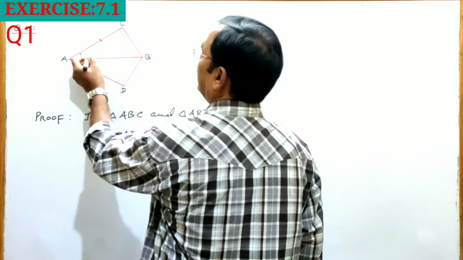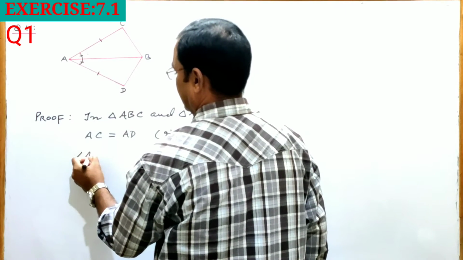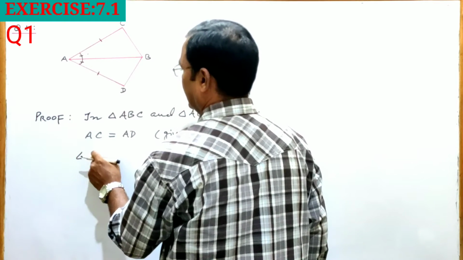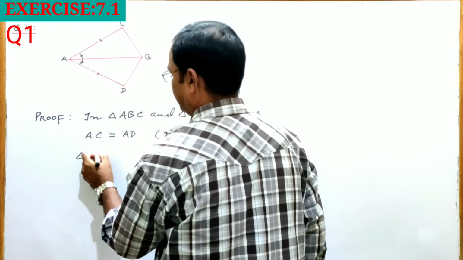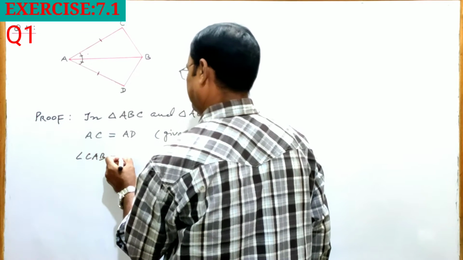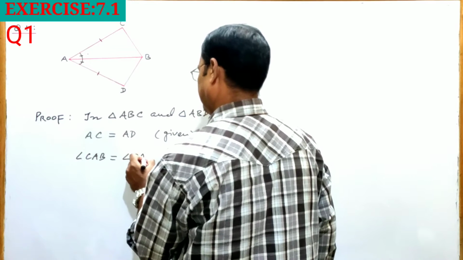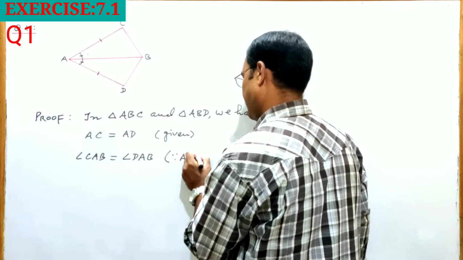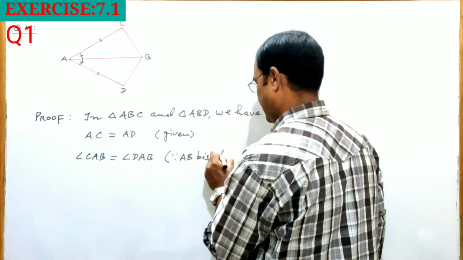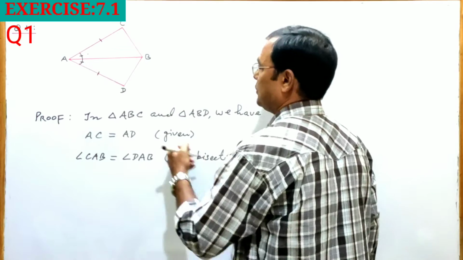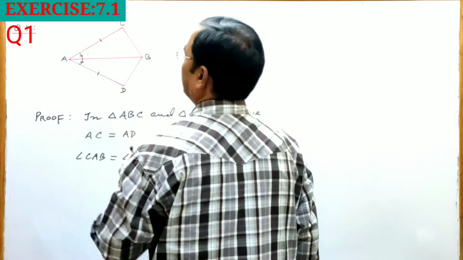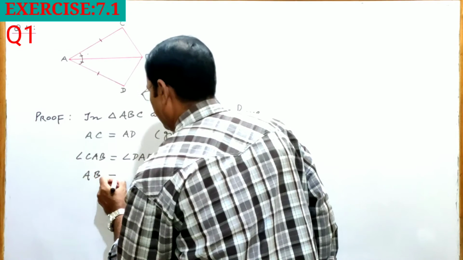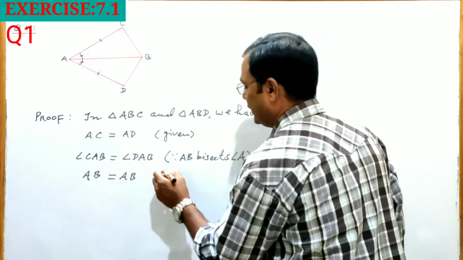AB bisects angle A, means angle CAB is equal to angle DAB, because AB bisects angle A. So angle CAB and angle DAB both are equal. And AB is equal to AB, common side of both the triangles.